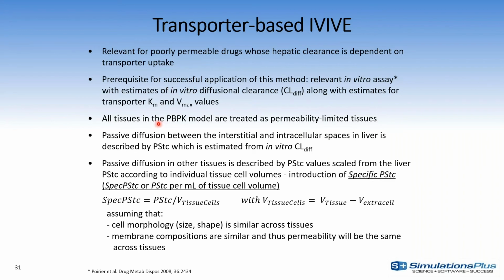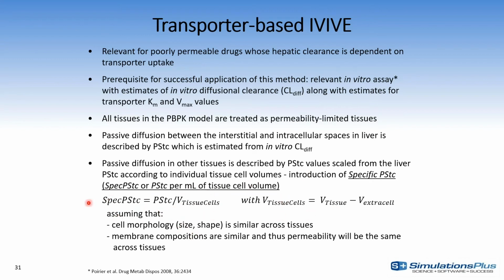All the tissues in the PBPK model will be treated as permeability-limited tissues, so we can use the PStc value to describe the permeability in these tissues. And then we will derive the liver PStc value from the in vivo measurements of the diffusional clearance, and then apply this value, dividing by the volume of the cells in the liver, to other tissues.